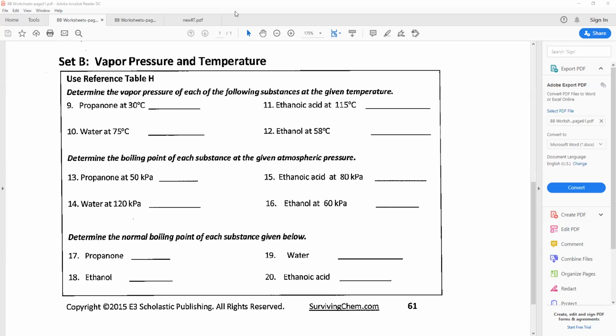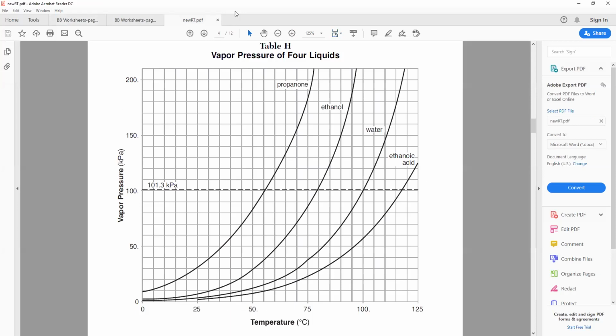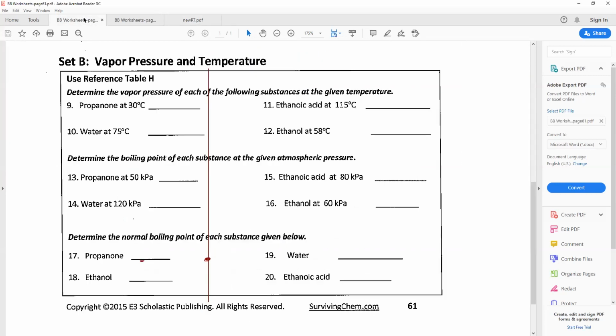Propanone is right over here. At 30 degrees Celsius, we're going to go across and we're going to see that it's approximately here. So that means that it's approximately 38.